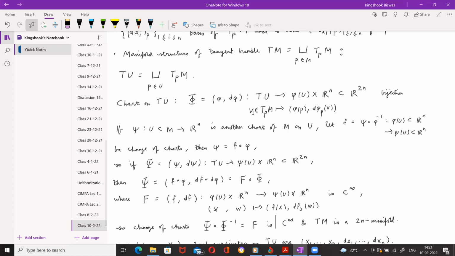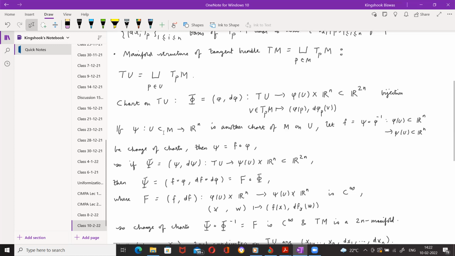Okay. Now, what we need to check is if instead of the chart little phi, I took another chart little psi on M, then the topology that I get is the same, right? So I get an equivalent system of neighborhoods. So we will do that by checking the change of charts.